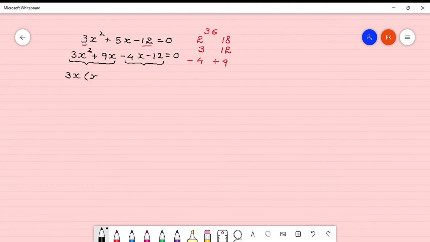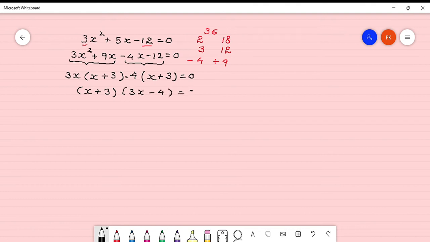So here x plus, from 9x, 3x is taken common, so 3 will remain here. Now as I already told you, always take the sign of the third term common. So from 4x and 12, I can take 4 common. So here x will remain, negative sign will change to positive, 4 3s are 12. And as you can see here, I am getting a common factor, that is x plus 3, and the other factor is 3x minus 4.